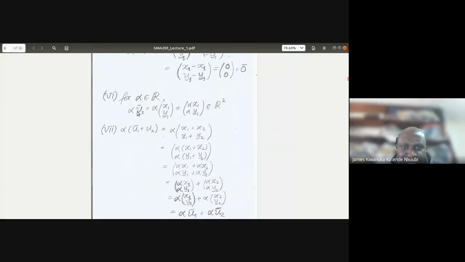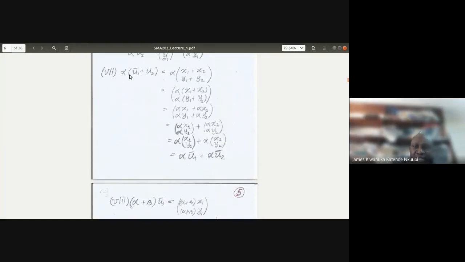Then the sixth property now connects the scalar multiplication to the vectors. This one is if you multiply any vector in R2 by a number alpha, you still get another vector in R2.